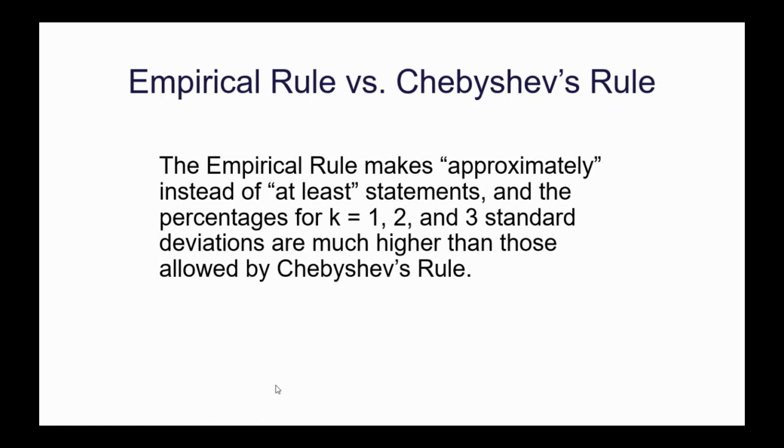If you're wanting a lower boundary, like what's the least it could be, Chebyshev's would be the one to use. If you're wanting to get a close approximation, empirical rule. And also, remember, empirical rule has to be normal or approximately normal. Chebyshev's can be anything. That's why Chebyshev's is so loose, because it can be anything. Empirical rule, it must be normal.